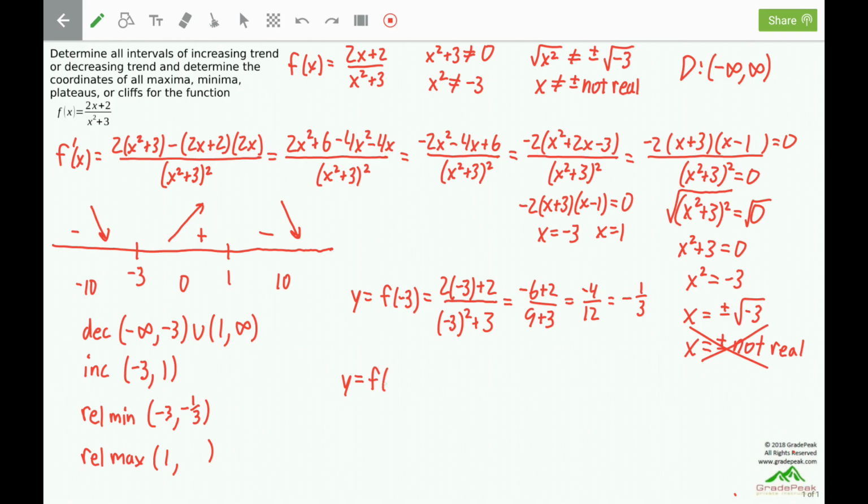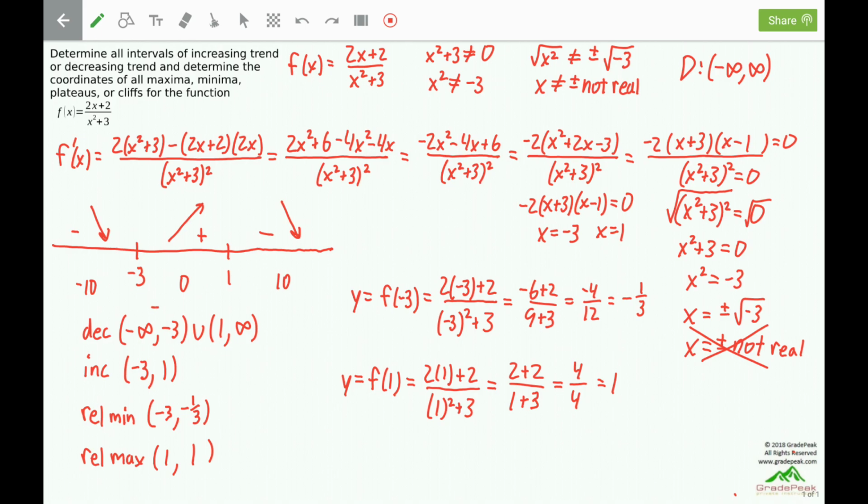So y will equal f of 1, which is going to be 2 times 1 plus 2 divided by 1 squared plus 3. 2 times 1 is 2, plus 2 over 1 squared is 1, plus 3. 2 plus 2 is 4. 1 plus 3 is 4, and 4 over 4 is a 1. So the relative maximum will occur at 1, 1.